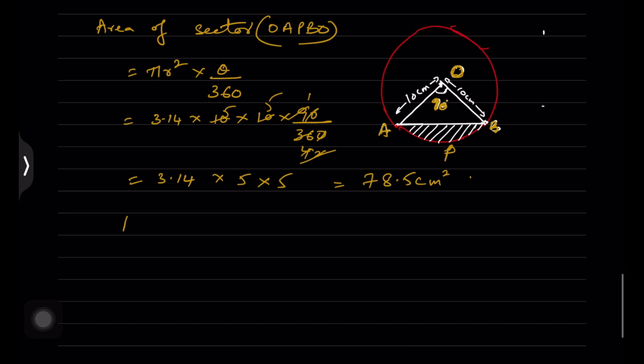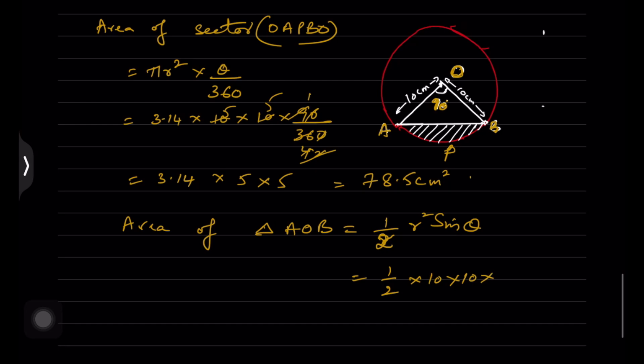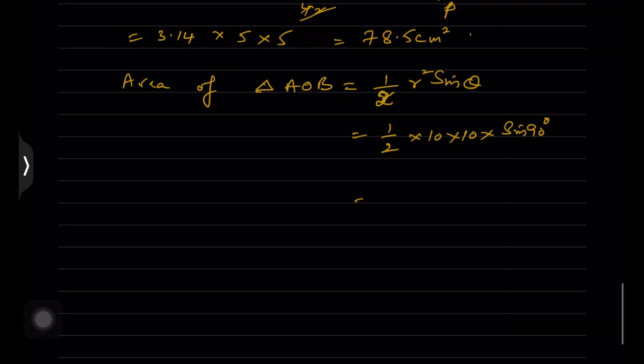Now we'll find out what is the area of triangle AOB, equal to 1 by 2 into r square sine theta, which is equal to 1 by 2 into 10 into 10 into sine 90. Sine 90 is nothing but equal to 1. So 10 into 10 into 1, which is equal to 50 centimeter square.